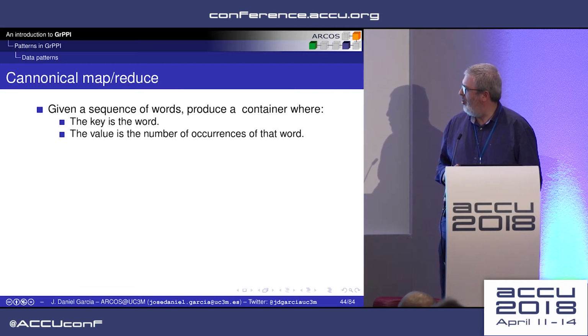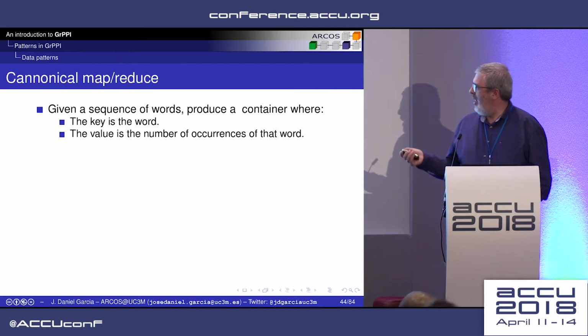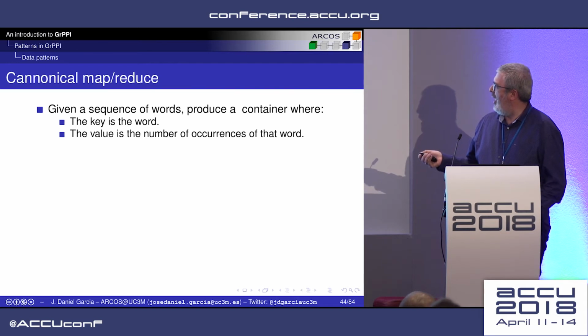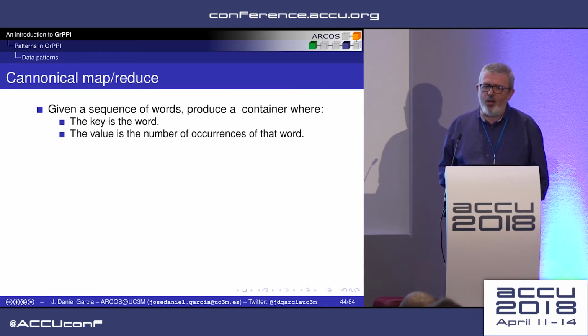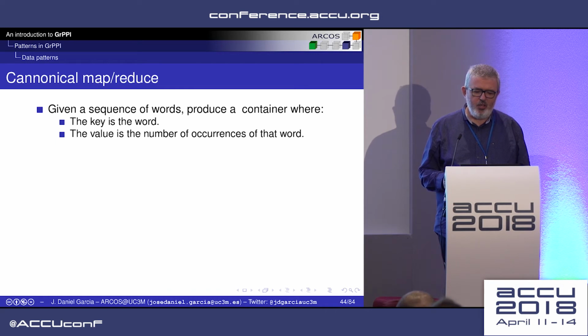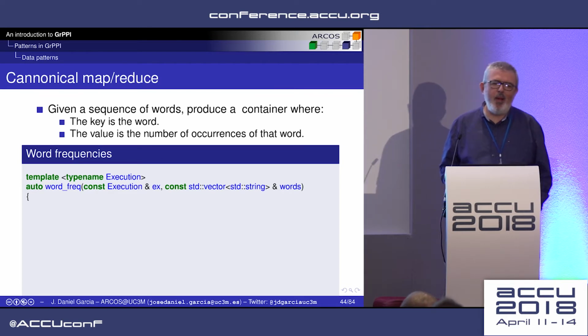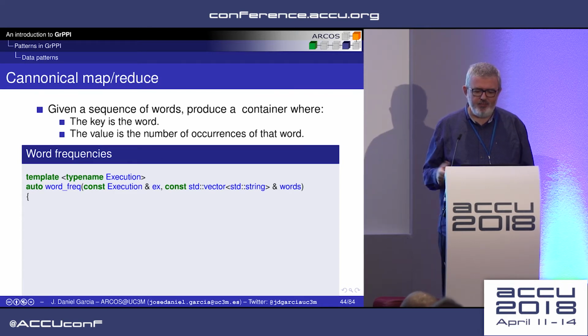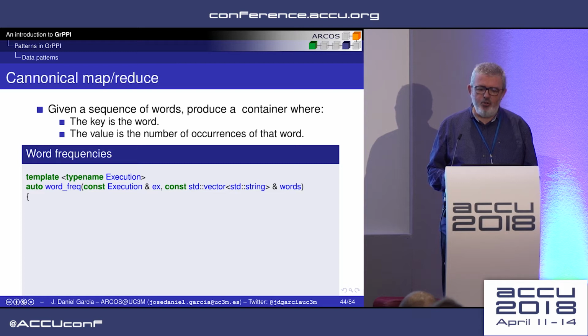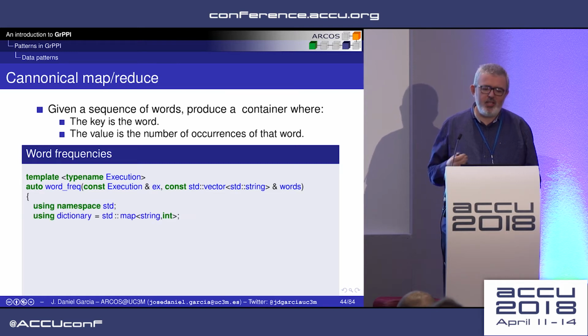So let me show in this example, I have an execution policy and I have a vector of strings. The first thing I am going to say, just for brevity, is that a dictionary type is a map of a string and an int. And then I'm going to map reduce my sequence of words using as identity value the empty dictionary.